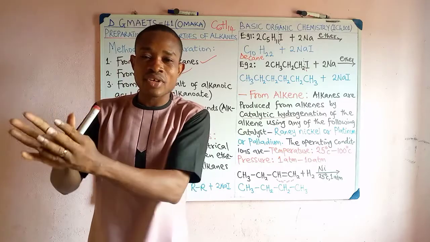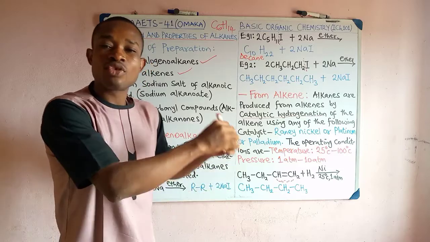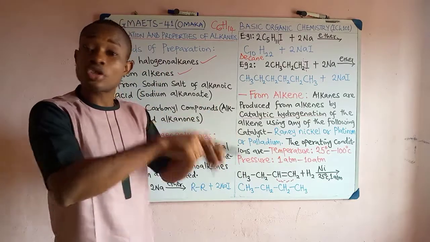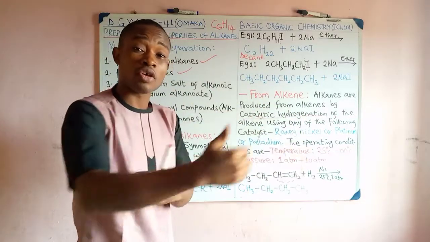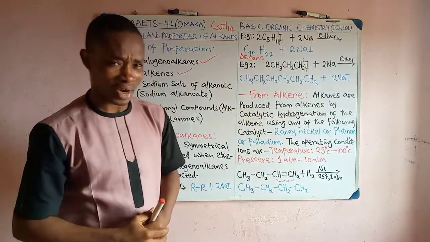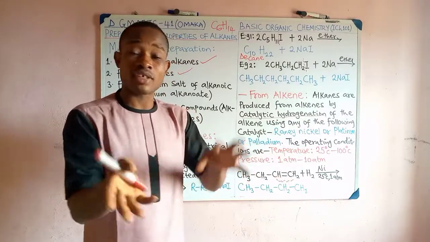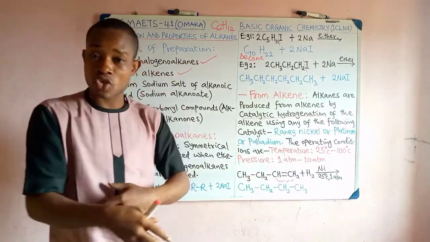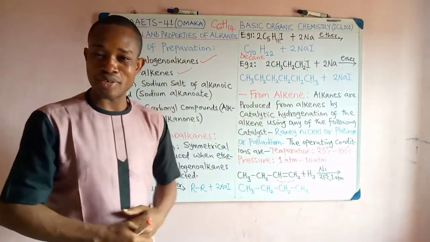No, those are not the reagents you use in this case. In this case, you use hydrogen gas. It is a reduction reaction because reduction is the introduction of hydrogen into a compound. I hope you're aware of that. In your level 1, you can define reduction as introduction of hydrogen, removal of oxygen, while oxidation is introduction of oxygen, removal of hydrogen.